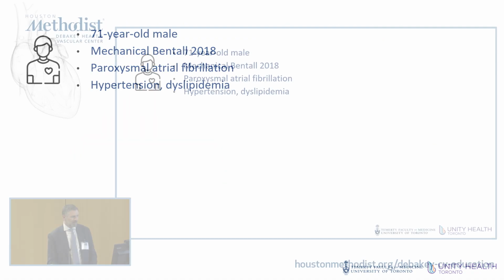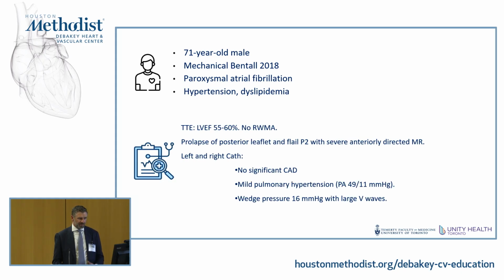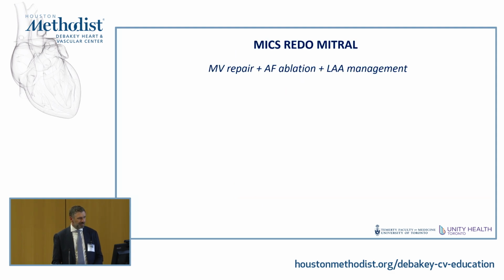And this is an example of a patient we operated some months ago, a 71 year old patient with a prior mechanical Bentall, paroxysmal AFib, and P2 prolapse, otherwise mild pulmonary hypertension. So obviously the plan for this patient would be mitral valve repair, ablation, and management in the setting of a prior Bentall.